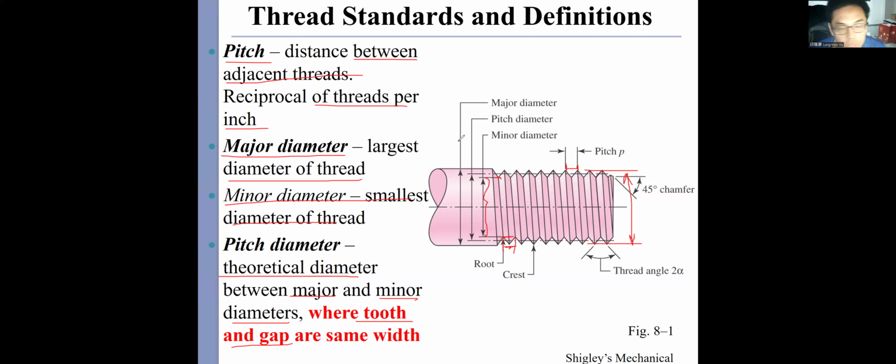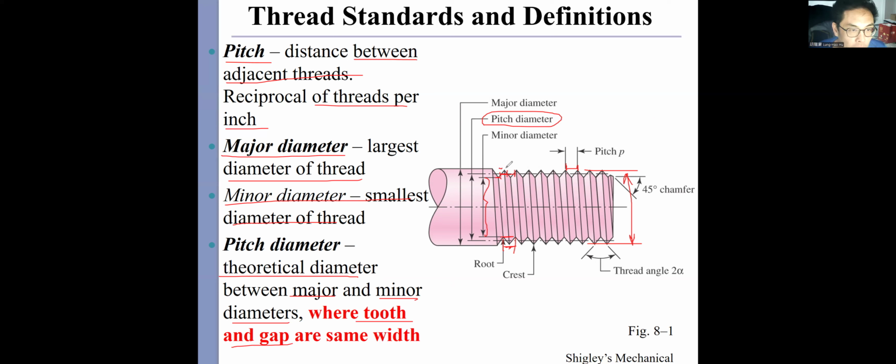The pitch diameter is not a real diameter, so we define it as where the tooth and the gap are the same width. That means the width of the tooth right here is equal to the gap width here.